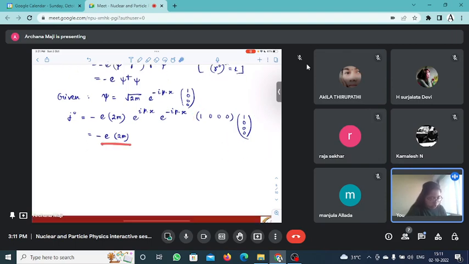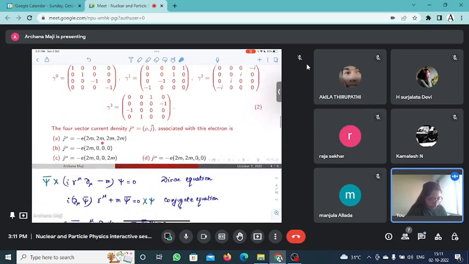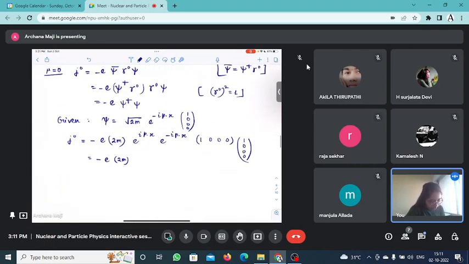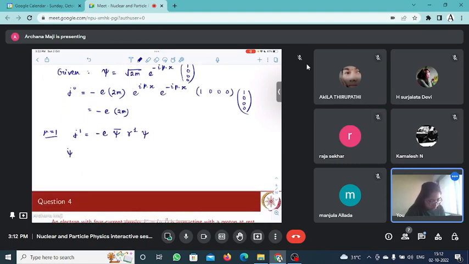We also need to know the other components of the 4 current. So J1, let's see what J1 is. For mu equal to 1, we get J1 equal to minus E psi bar gamma 1 psi. Let's compute what psi bar is.